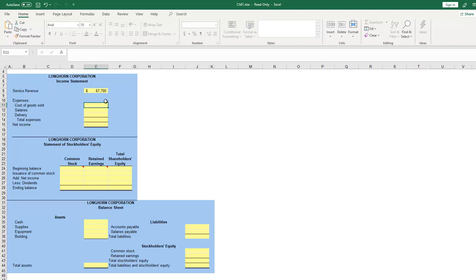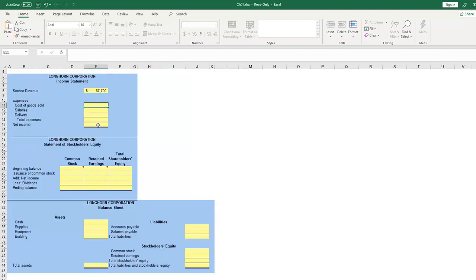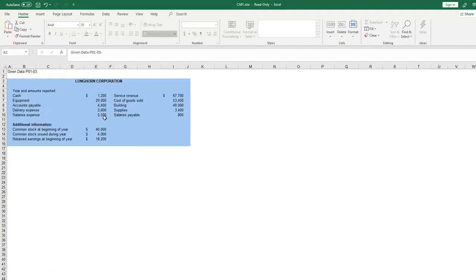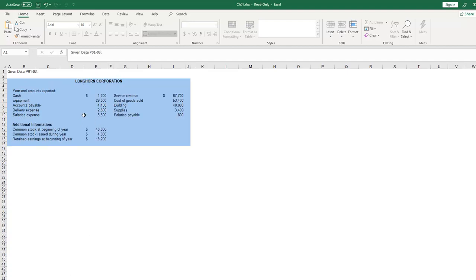Okay. Our cost of goods sold is listed under our expenses. Let's come over here. We have a cost of goods sold of $53,400. Okay. We have salaries. That's going to be an expense as well, $5,500. Delivery expense here, $2,600.